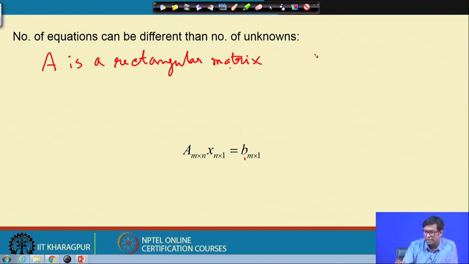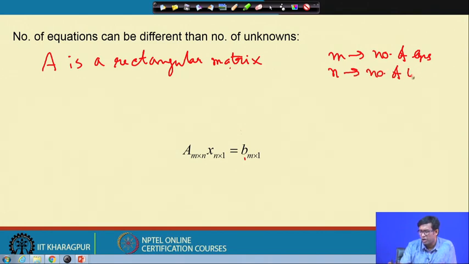So, m is the number of equations, n is the number of unknowns.